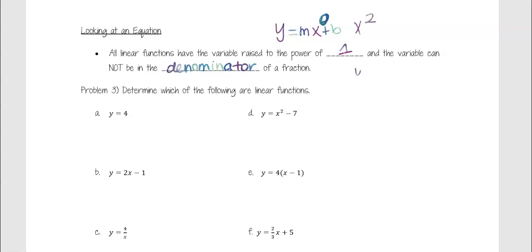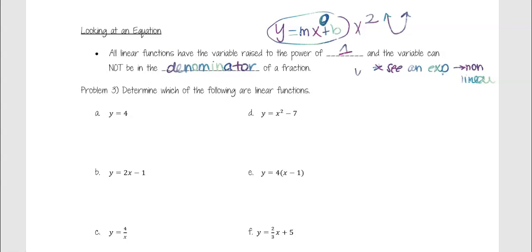If you see a squared, obviously it's not a linear function. That would be a parabola, a quadratic function, okay? So if you see an exponent, it's not linear. How about we write that? See an exponent, that means it's non-linear. And also the variable cannot be in the denominator. I mean, think, this is really our equation for lines. That variable, that x, cannot be in the denominator.